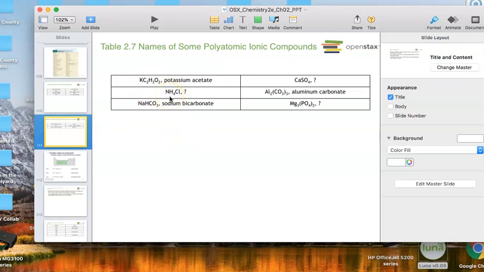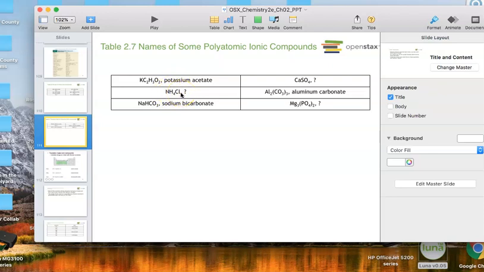The next one, NH4Cl. I guess the hard part when you're looking at a compound is that you notice it has three or more elements, so you know it has a polyatomic ion. And what's probably hardest for students is figuring out which elements form the polyatomic ion.